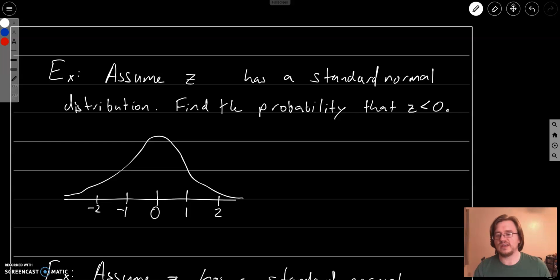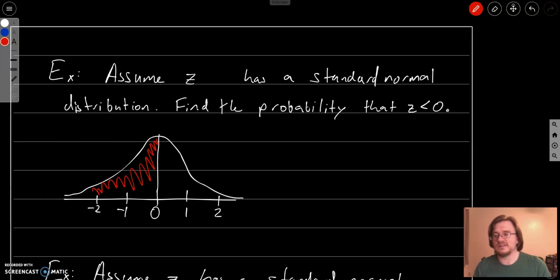So when I look at all these possible values for Z, I want to look at all the ones that are less than 0. So we're going to take 0, and we're going to look at all the ones that are less than 0, as in, for instance, -1, or -2, -0.3, -5, which would be way out here. Any value that occurs to the left is going to be less than 0. So the probability that Z is less than 0 is going to be this area.